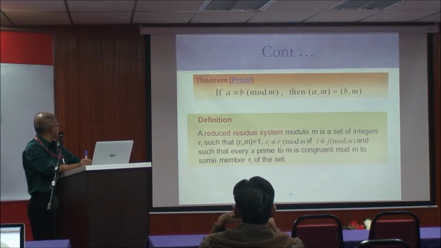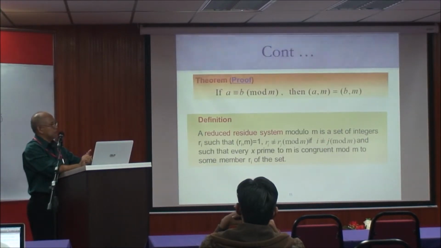And then for any two elements in this set, they must not be congruent to each other if i is not equal to j, meaning that they are incongruent to each other. That is the only condition for it to be a reduced residue system.